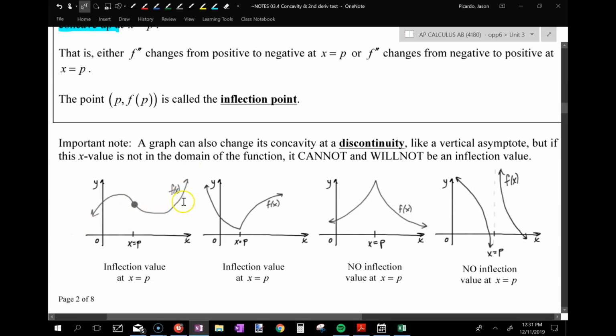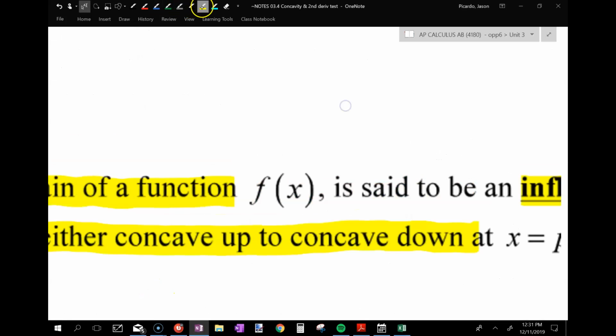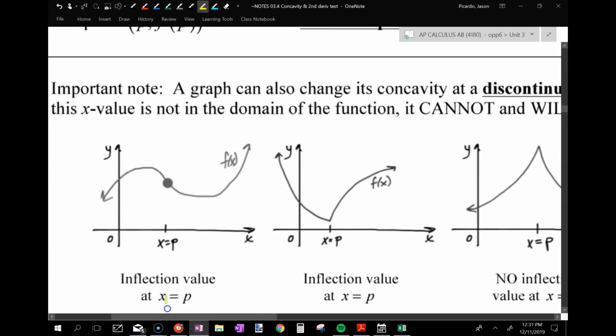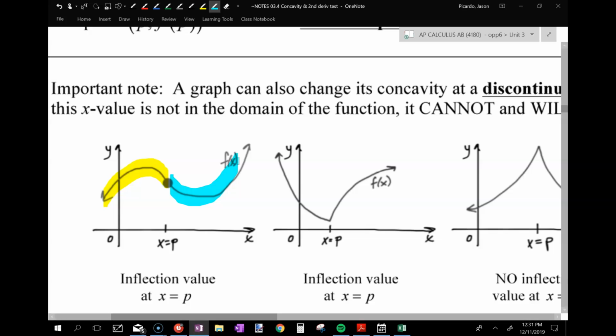Was there a change in concavity? So I have an inflection point where the concavity changed. Do we see that? That piece is a frown, and that piece is a cup, and the spot where it switched is your inflection value.